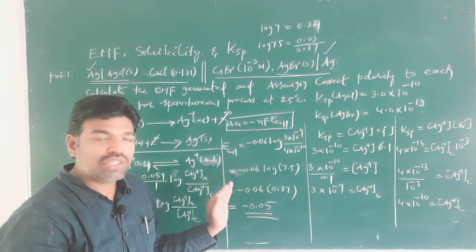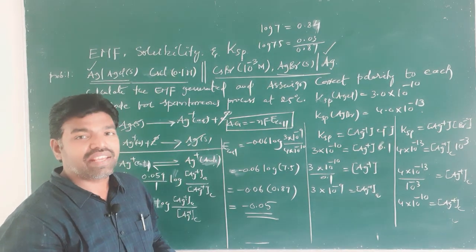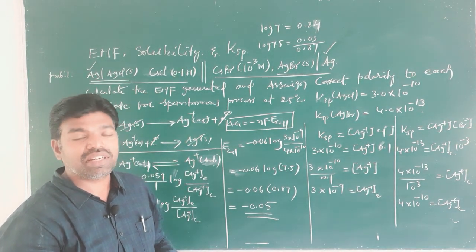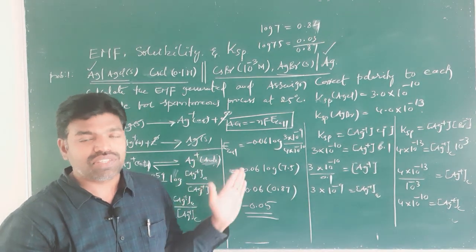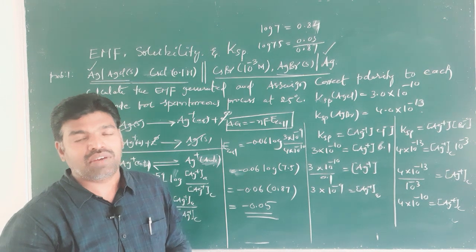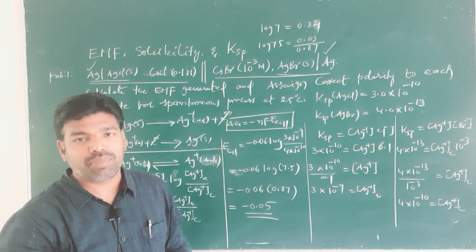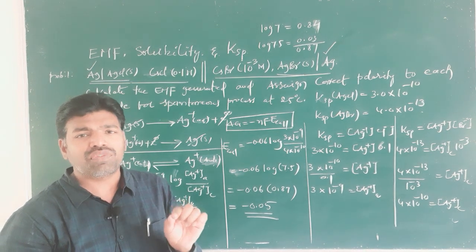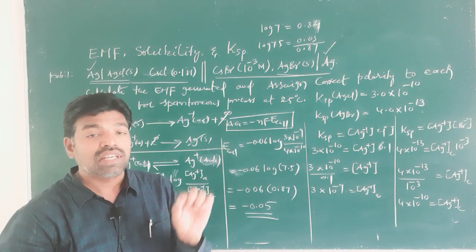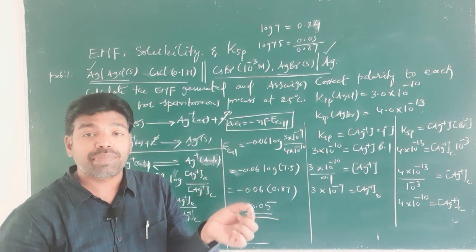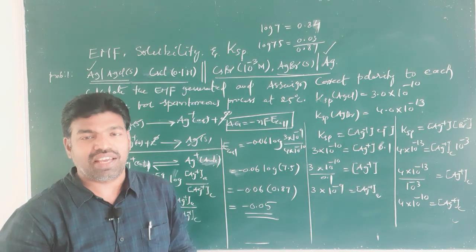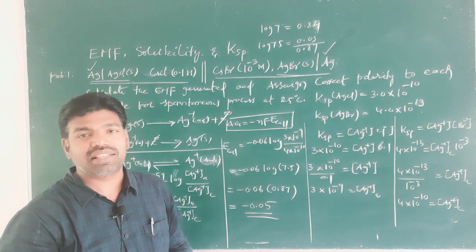When E cell is positive, delta G becomes negative. So, delta G negative means that is a spontaneous process. Okay. In this way, we can do more complicated problems. So, finally, what we need to know is integration of these two concepts, that is solubility product and EMF of cell. I hope you all understand this lecture.